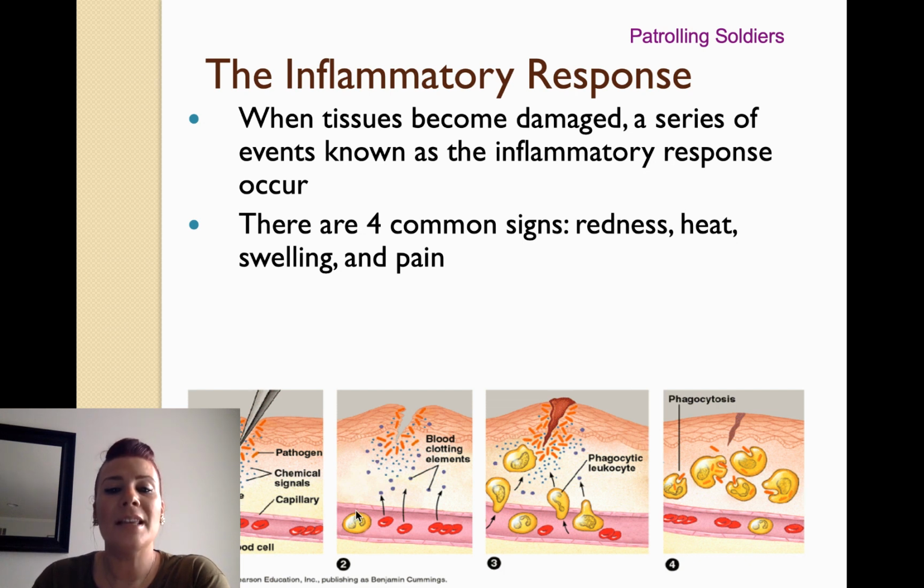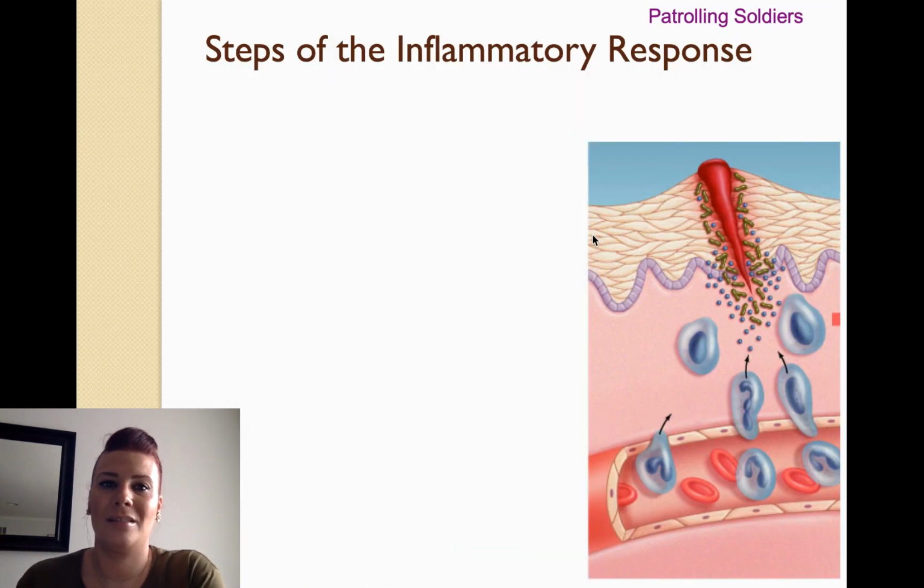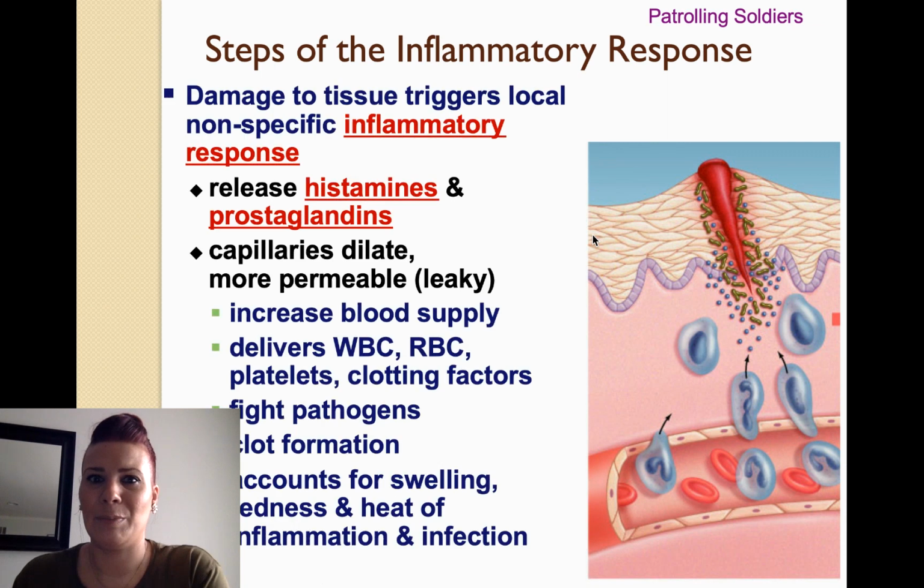The first thing that happens is you're going to get redness, heat, which means the area will feel warm to the touch, swelling, so it might swell up, and a little bit of pain. And I'm sure that you've experienced this. If a bug has bitten you, if you've gotten stung by a bee, any of those things, your inflammatory response is what kicks in. Now, why does it do that? It does that to keep you healthy, right? It does that to keep you safe. It doesn't know that it's just a splinter or something.